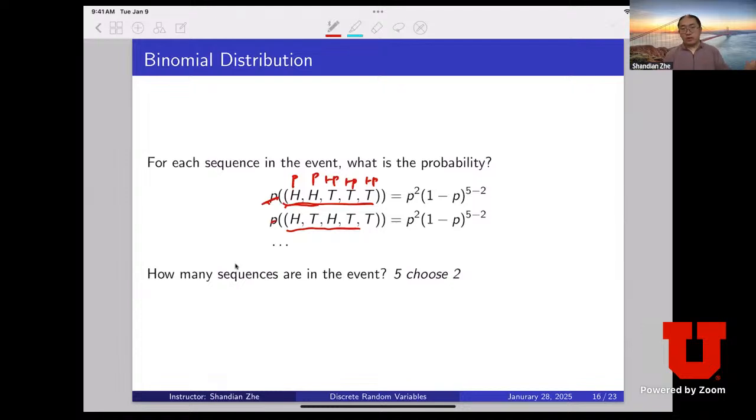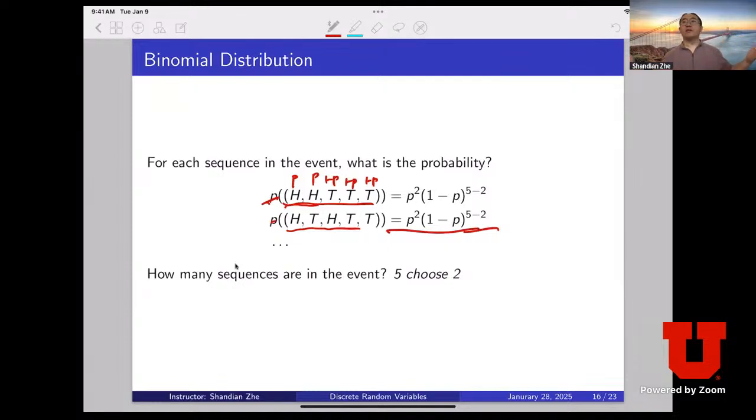Then the summation is just multiplying this probability of each sequence by the number of sequences in the event. So how many sequences are in the event? Some of you have pointed out, it's 10. It can more formally be written as 5 choose 2.